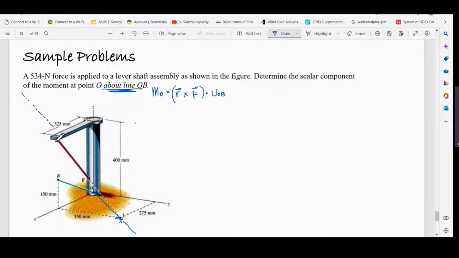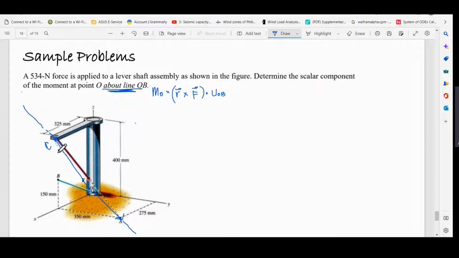Pwede rin dito sa ating, let's say, point C. So, pwede rin natin kunin yung position vector kasi nandito yung line of action ng ating force F. Okay. So, this is the line of action of our force F. So, pwede natin gamitin yung position vector at point A. Pwede rin dito sa point C, kasi nasa line of action pa rin naman yan ng ating force F.